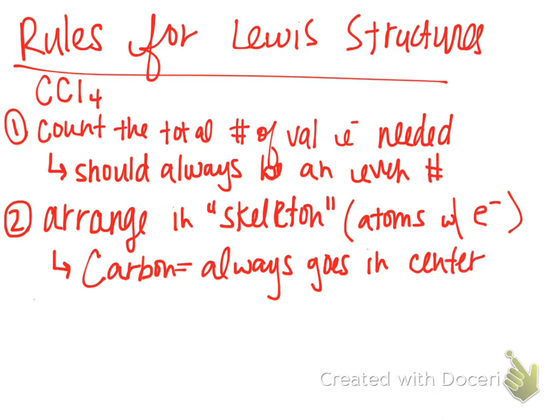Okay? So in this example, if we were looking at CCl4, our skeleton would look like this. Carbon goes in the center, and then 4 chlorines go around it. That would be what the skeleton would look like for this example.